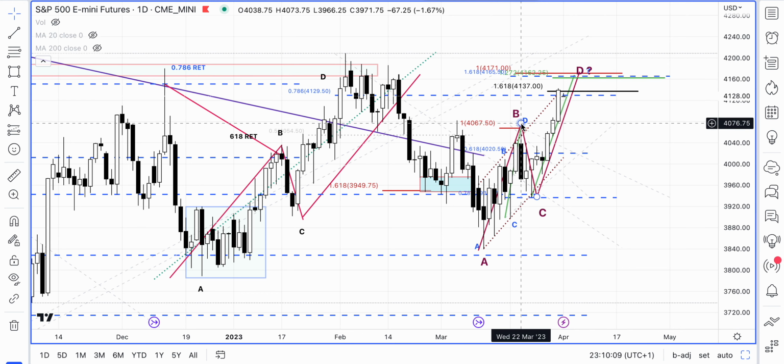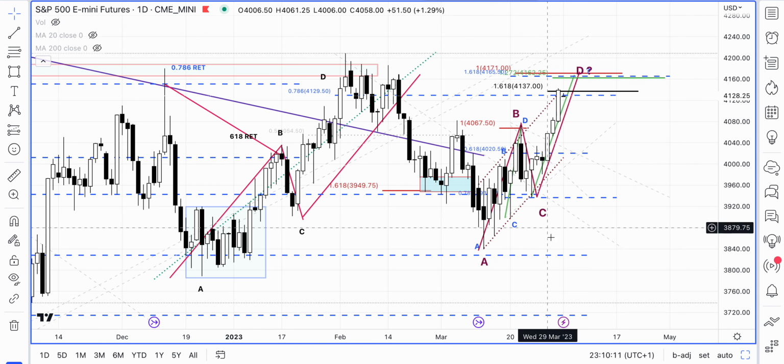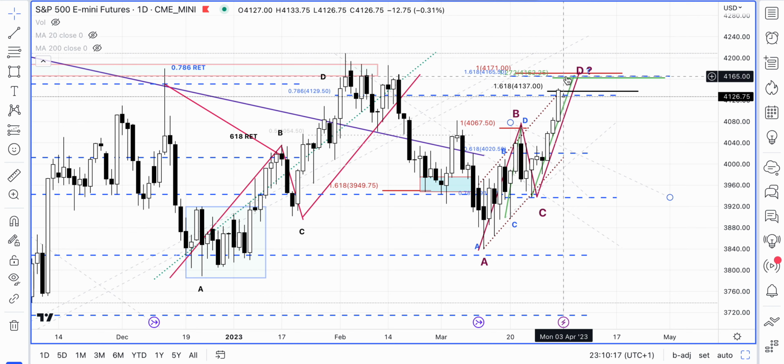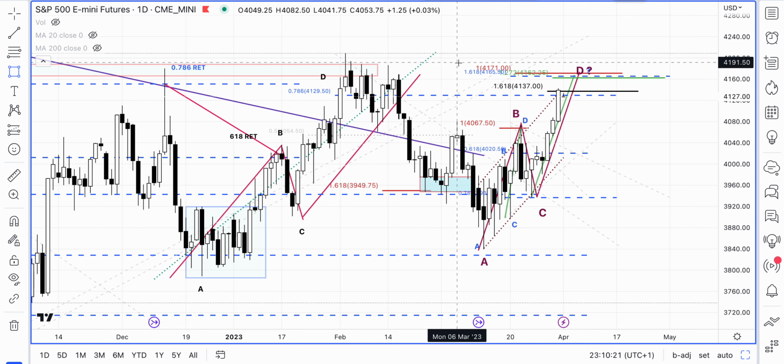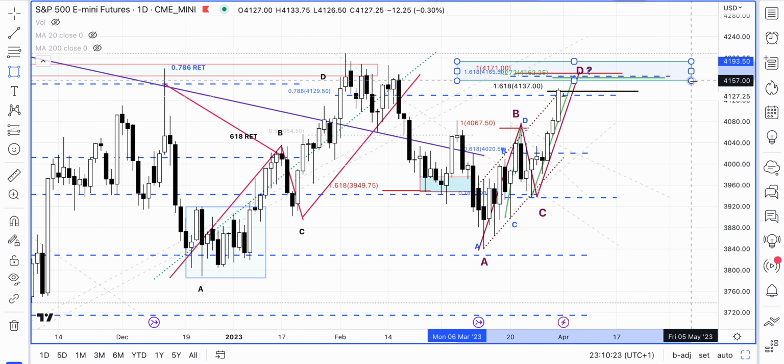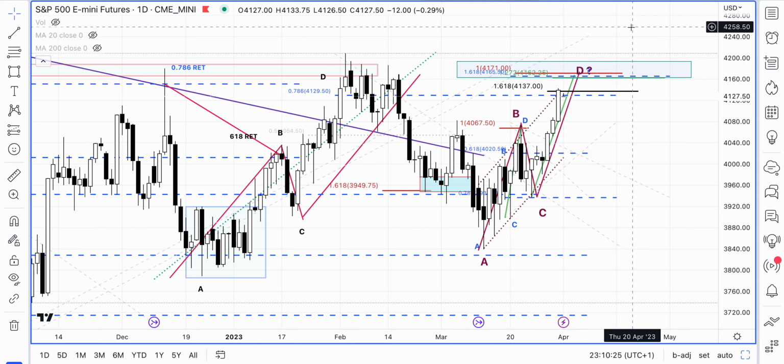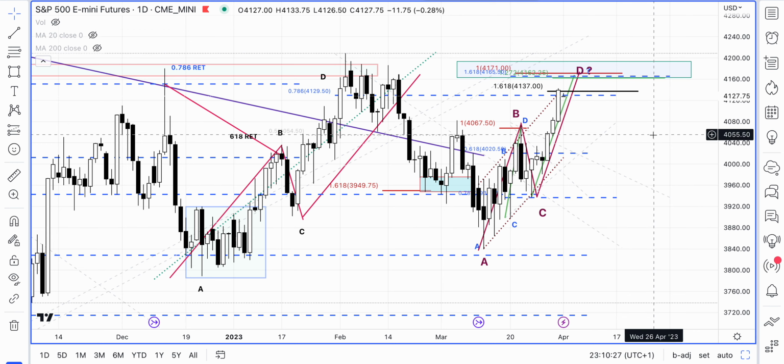So we also have the 1.618 expansion of this BC leg coming right up around the 4165 level. So we have a confluence of a number of levels coming together, which indicates that this level is going to be perhaps a stronger resistance level to watch.